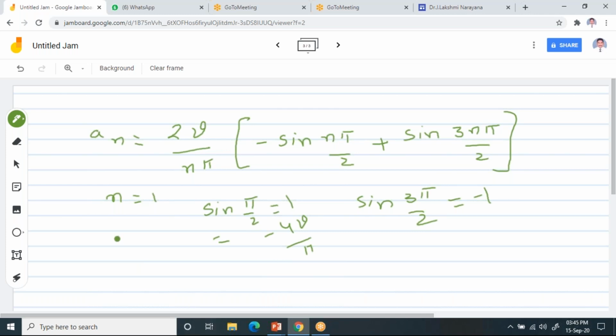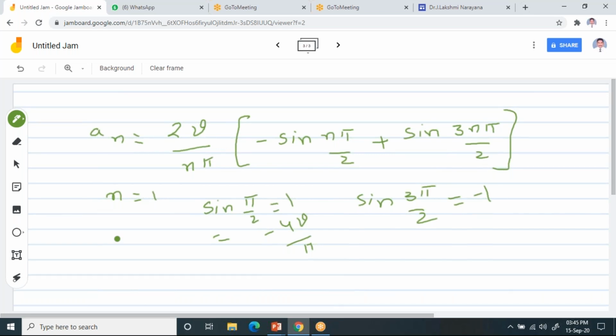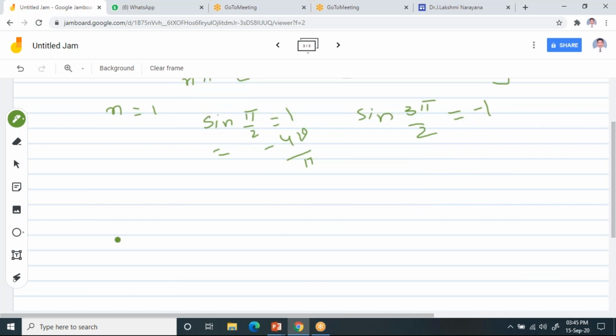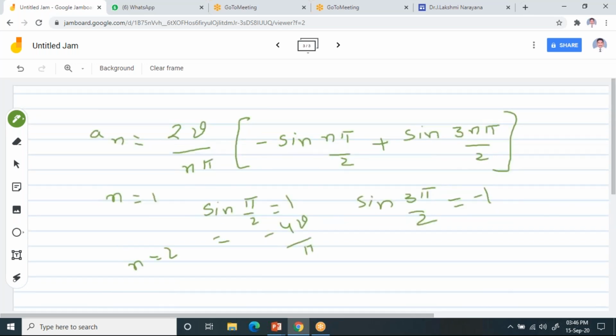Likewise, now take n equal to 2 and tell me what is its value. Now you please check this equation. Now you tell me the answer for n equal to 2 and n equal to 3. Substitute in this equation. When n equal to 2, what is the answer? And n equal to 3, what is the answer?